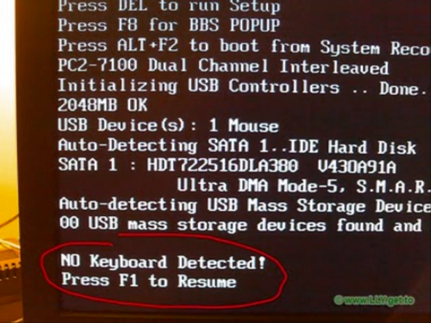That's the idea that people get. That's the funny part of it. But it's implying, of course, that there's no keyboard. Plug in a keyboard and then press F1 to continue booting. But that's the funny nature of the error as it is laid out.